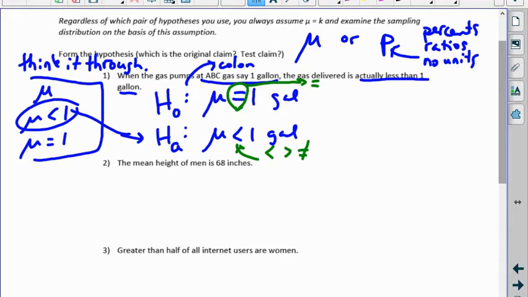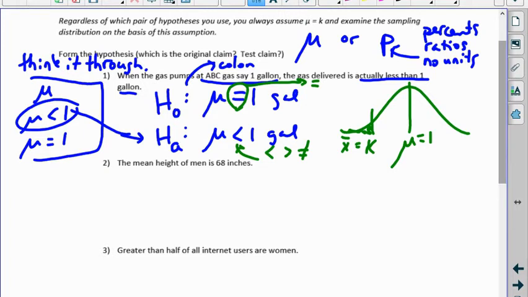Okay, so what would this one be testing, just so that you can think it through? The mean would have been in the middle, which would have been 1. And probably my X bar would have been something down here. And I would have been testing that area. Is that area below 5%? Is it below 0.05?